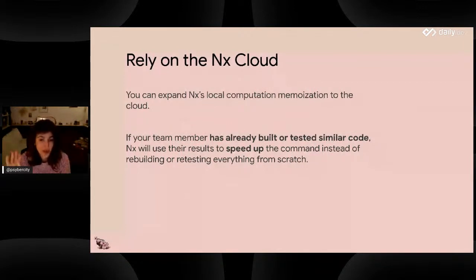If your team has already built or tested similar code, Nx will use their results to speed up the command instead of rebuilding or retesting everything from scratch. This means that you have a cache in the cloud and certain hashes from the tasks that you do, and Nx takes care to reuse existing builds or existing artifacts instead of redoing all the tasks from scratch. So this makes everything pretty fast.